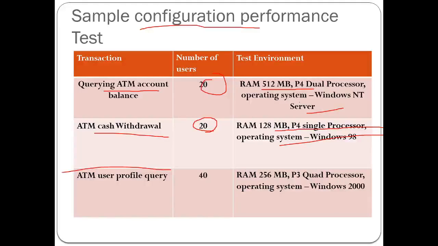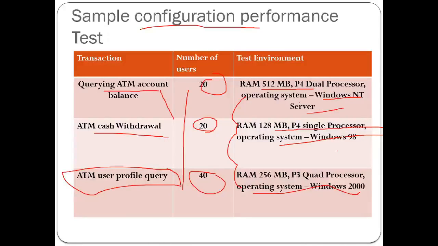Then ATM user profile query for 20 users, and this is the test environment for that particular requirement. So these are the different requirements, conducted for a number of users, and the test environment is different. Once it is conducted with Windows NT, once with Windows 98, and once with Windows 2000. So these requirements are tested on various operating systems and various configurations.